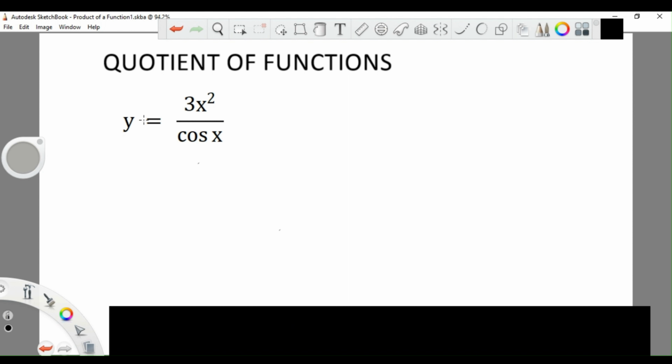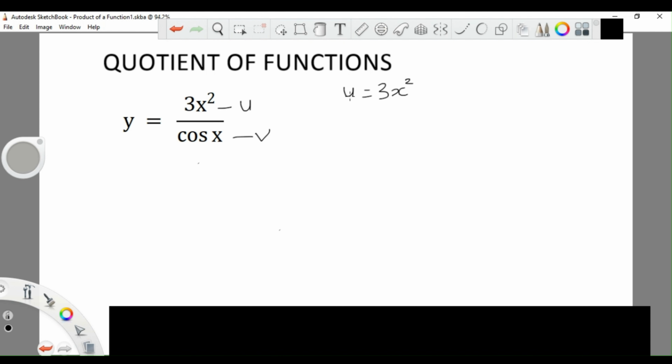Here we're asked to differentiate y equal to 3x squared over cos x. What we'll do first is to call the numerator u, and we call this v. So therefore, my u is 3x squared.